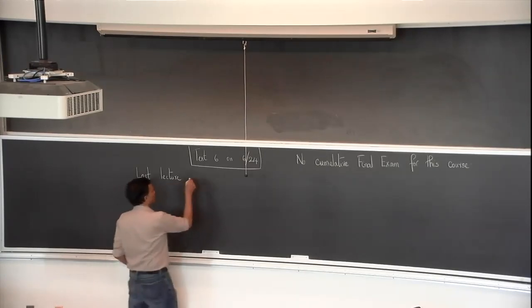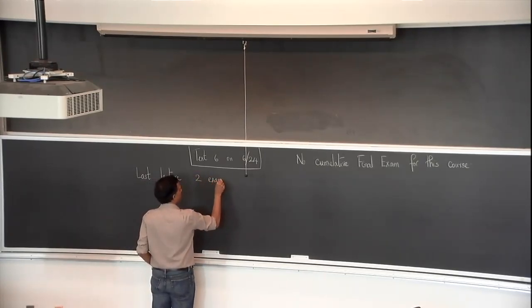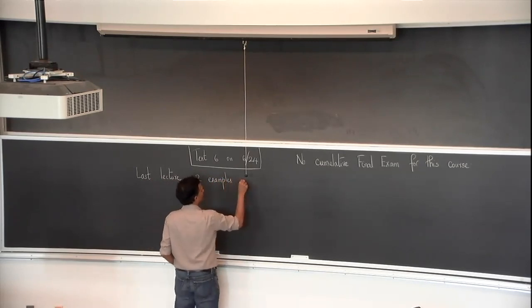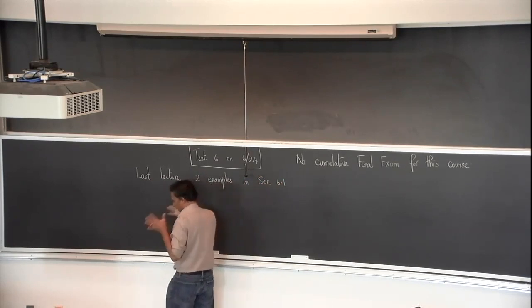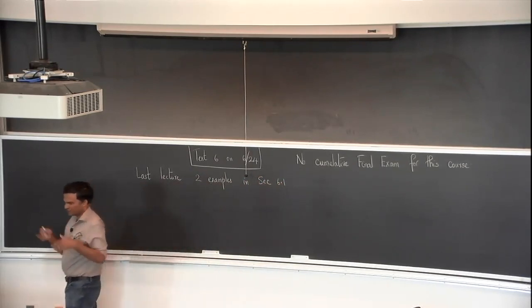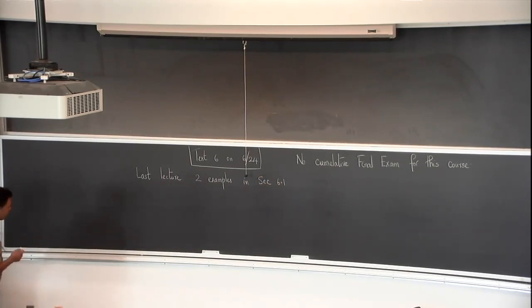Last lecture I think we did 2 examples with eigenvalues. It's very easy to get our heads buried into these calculations and forget about everything else, but it's nice to understand what exactly is going on behind the scenes.